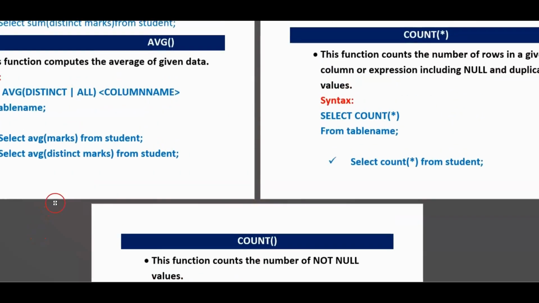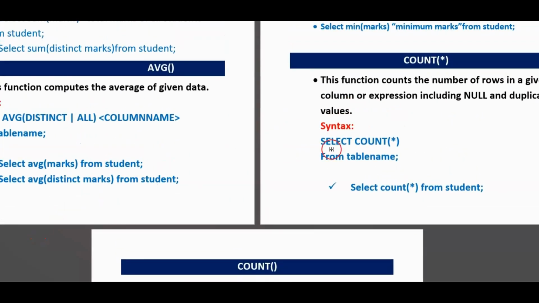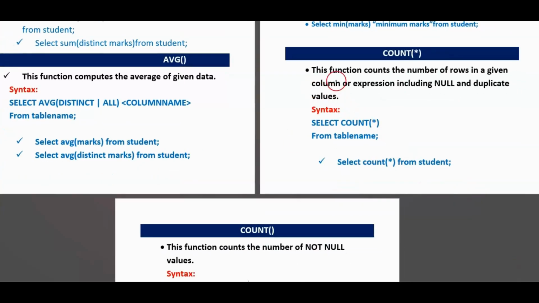Then what is count star? Count star means this function counts the number of rows in the given column or an expression, including the null and the duplicate values. It counts both the null values and the duplicate values. Null value means the value is not specified in a particular row, so it will be written as null.